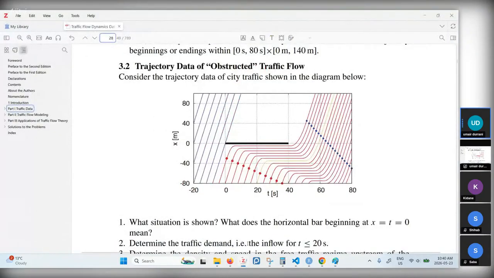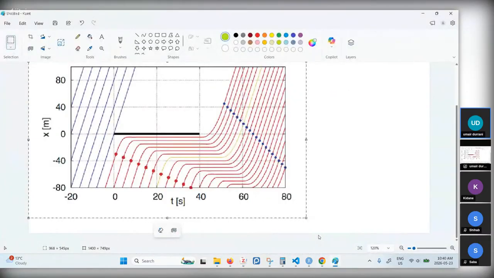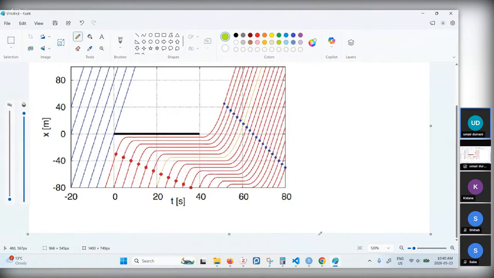So the question is about inflow for t less than or equal to 20 seconds. 20 seconds is right here.